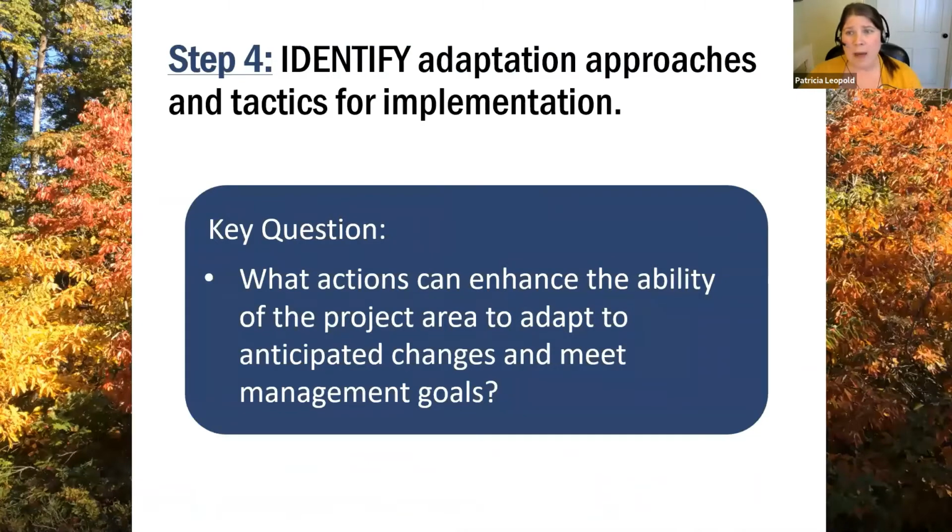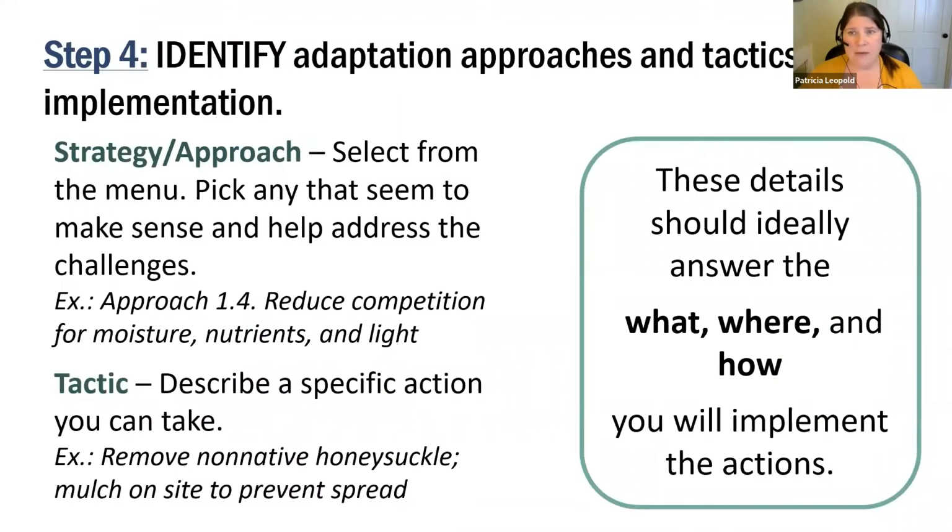Okay, so how do we complete step 4 in the adaptation workbook? Let's dive into that. The first thing you'll do when you advance to step 4 in the workbook will be to choose the adaptation menu that you're going to work with. So the adaptation menu contains, depending on the exact menu that you choose, somewhere around 10 strategies.